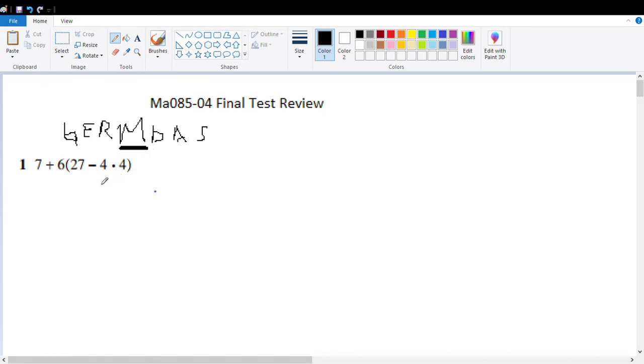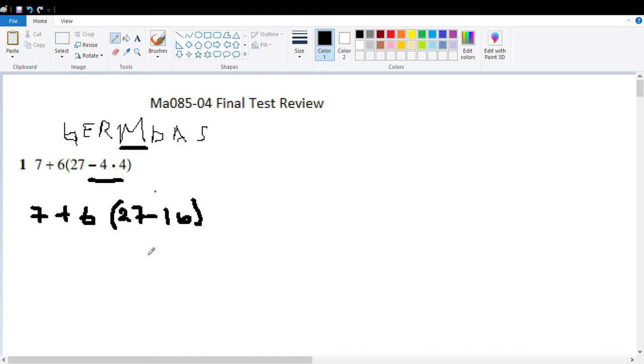We multiply negative 4 times 4, and that should give you 7 plus 6 times parentheses 27 minus 16. Negative 4 times 4 is negative 16, so we just write it there.